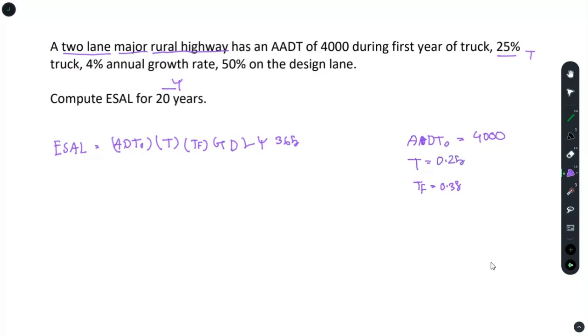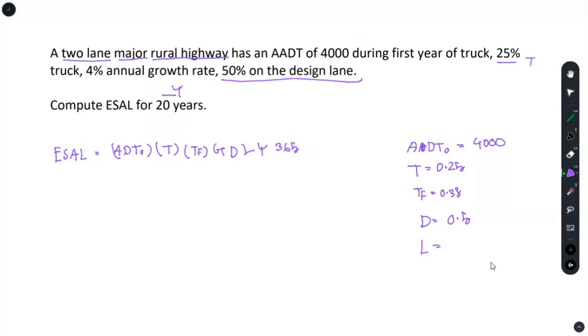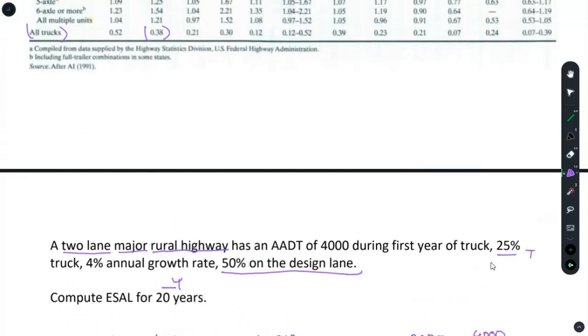We need some other values like G. I'll calculate it a little bit later on. We need directional distribution. In this case, it is 50%, so 0.5. We need a lane distribution factor, and for two lane, it is actually 100%, which means one.